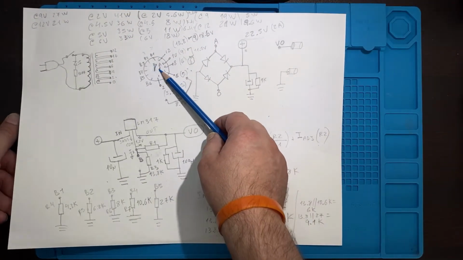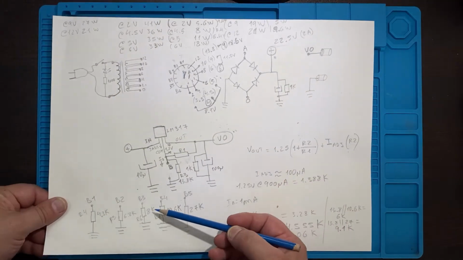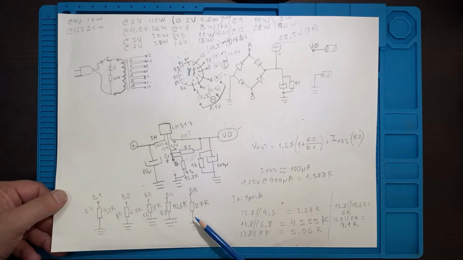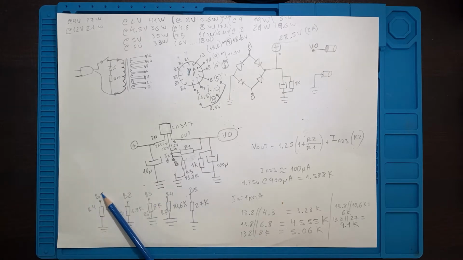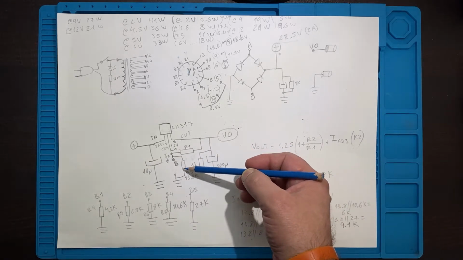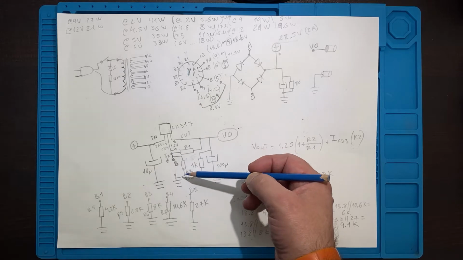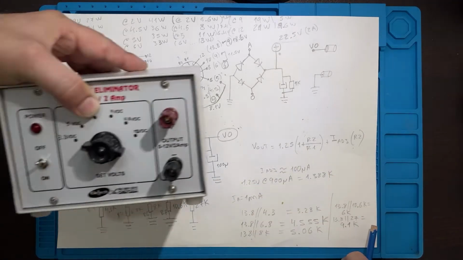So I ground the pin A so that I can use it to change the resistor here, and it's not going to be any B anymore. It's going to be 7, 8, 9, 10, 11, and 12 is going to be open, because this resistor here is going to be setting the highest voltage. And this is what I got here.